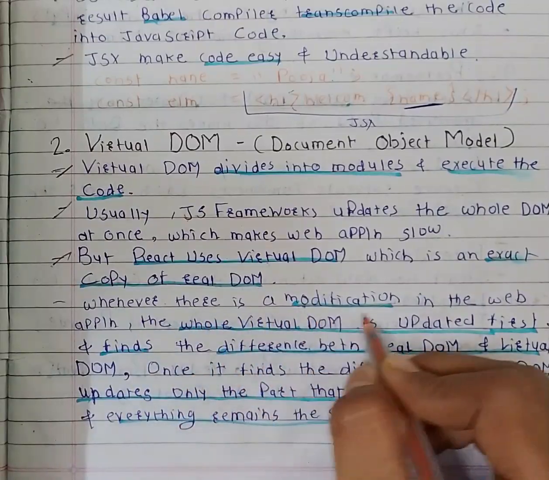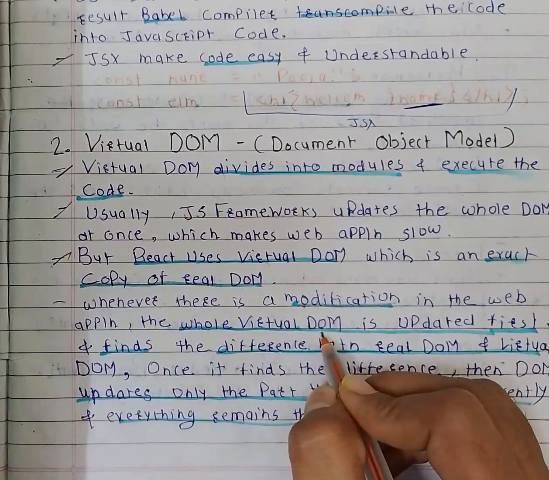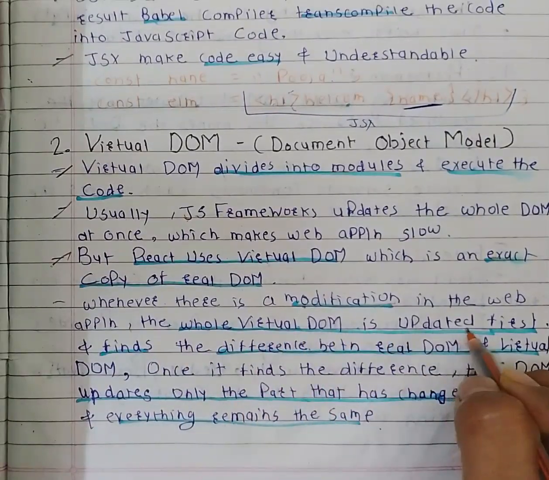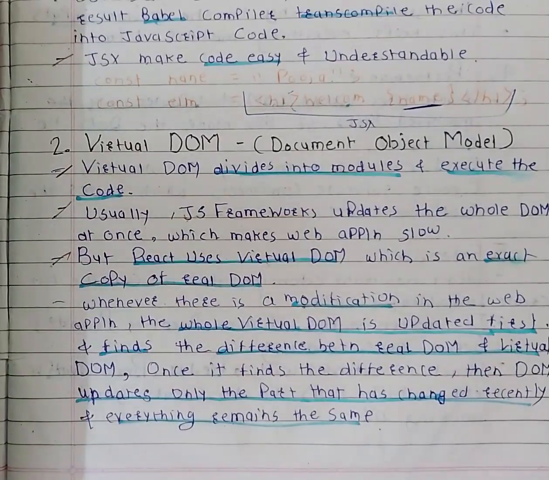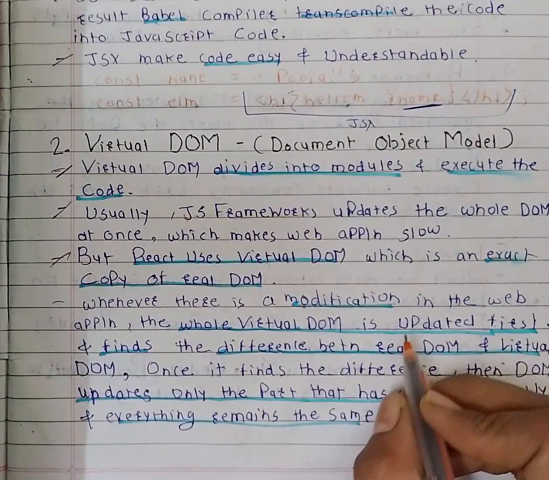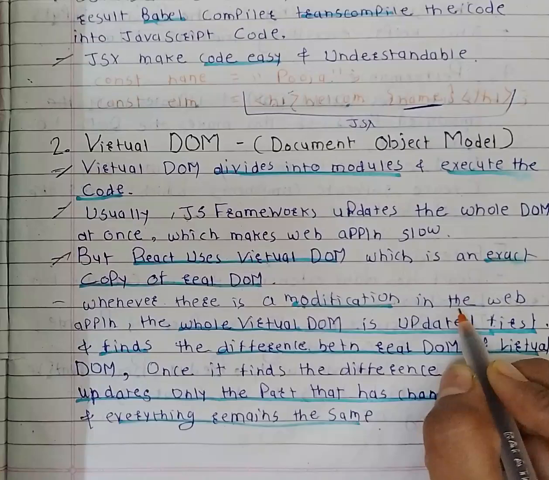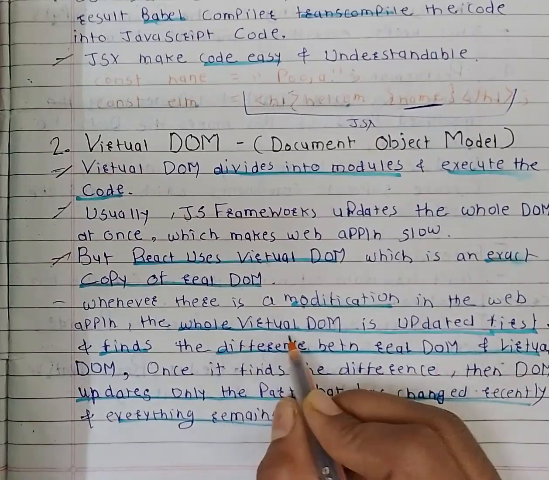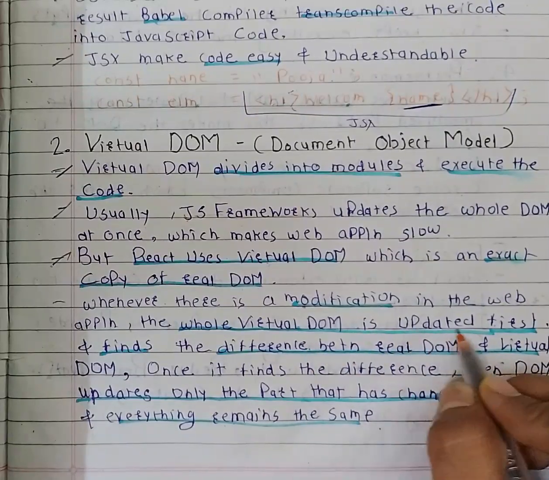Whenever there is any modification in a web application, the whole virtual DOM is updated first. We build a simple website, and when we modify anything in that web application, the virtual DOM is updated first.